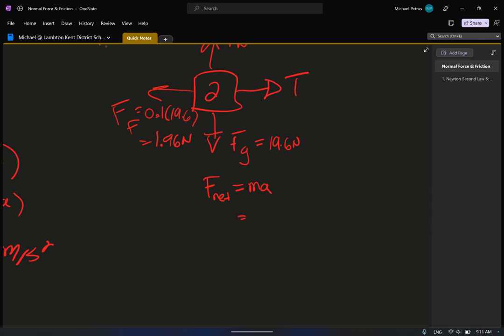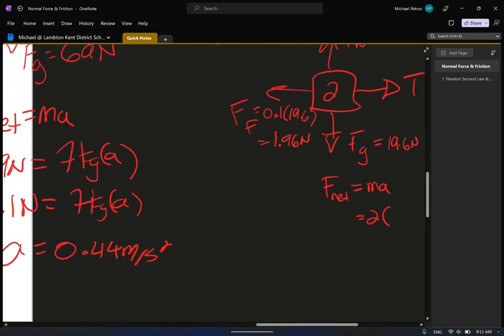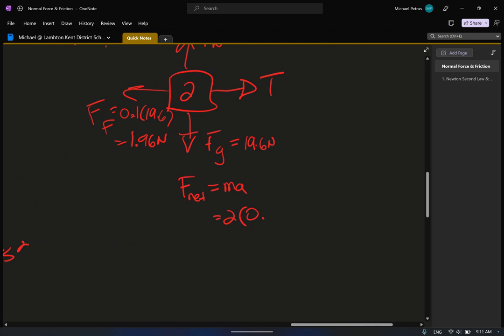So now when I go to make my F net statement, Newton's second law for this one, mass times acceleration, it's going to be 2 times 0.44 meters per second squared. And now I've got tension forward minus friction backwards, which is 1.96 newtons.